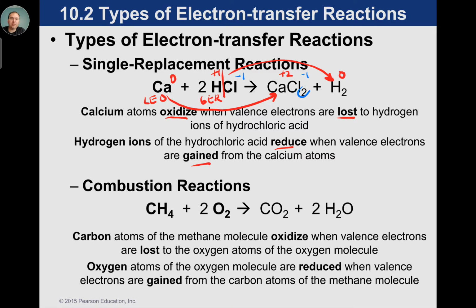You could reverse cross these charges to see that. But if you're a -1 before and after, that's what we call a spectator ion. And those are present in single replacement reactions as well. In that married couple, somebody has to stay the same, and in this case, chlorine did.